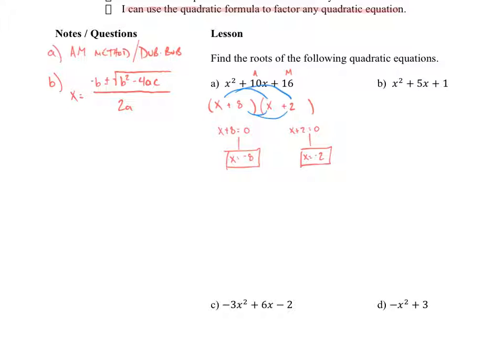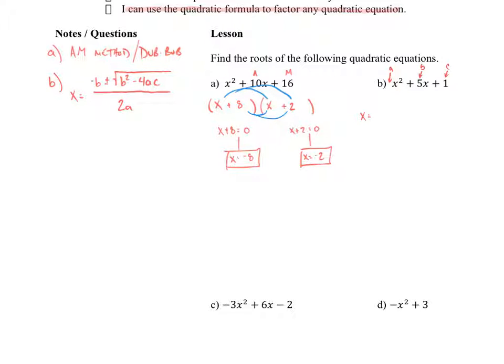And we just plug our numbers right into that formula. Our a term is whatever the coefficient is of x squared. Our b term is whatever the coefficient is of x. And our c term is whatever the constant is on the end. So let's plug the numbers into this formula.